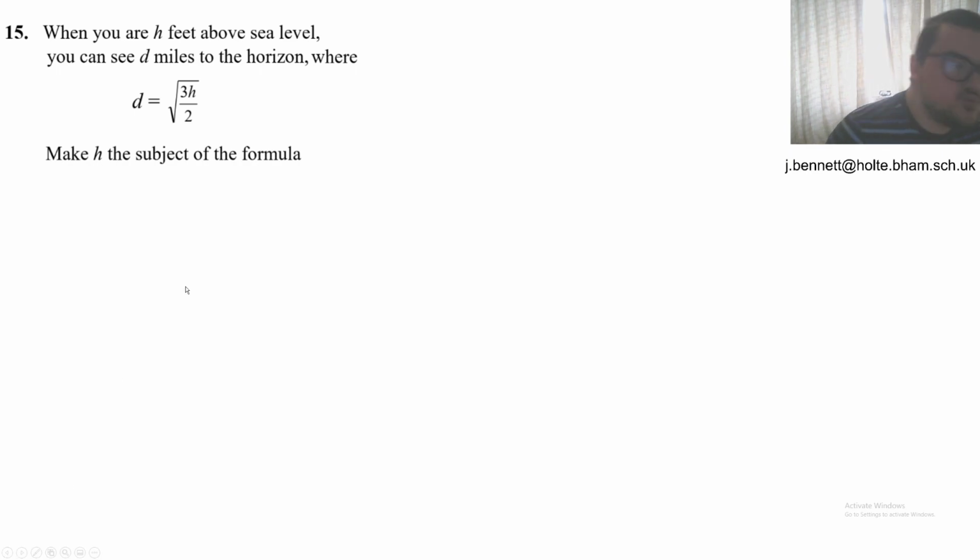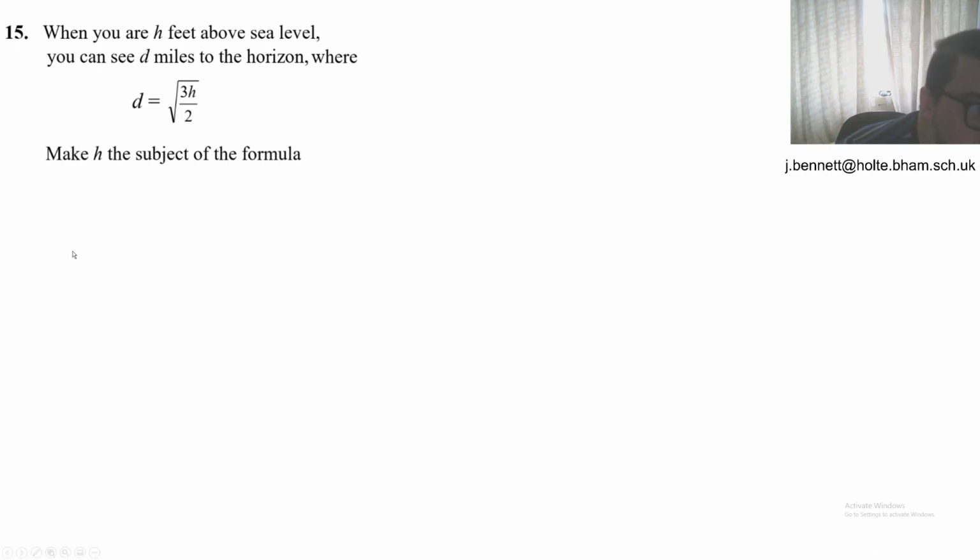Yeah. This one is tricky because it has a square root sign, and that is there to throw you, but it's just about remembering how to inverse a square root sign. What do you do to get rid of that square root sign? The opposite of square rooting something is squaring it.